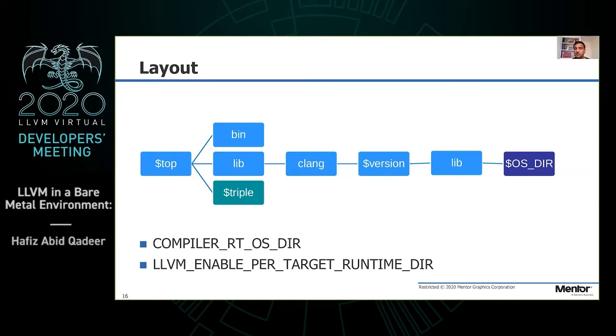The BareMetal.cpp file expects that this directory will be named baremetal for a bare metal target. But as I will show in the next slide, we probably will be better off naming it after a target triple for a bare metal. The next set of libraries are the C library and C++ library and all the other supporting libraries.